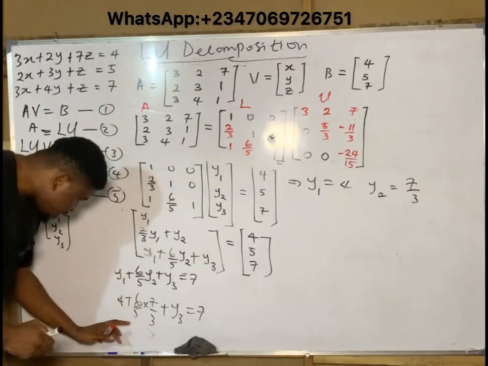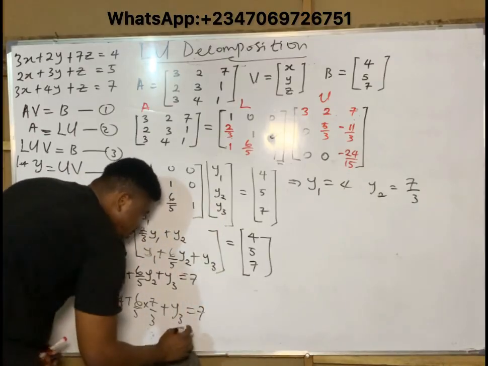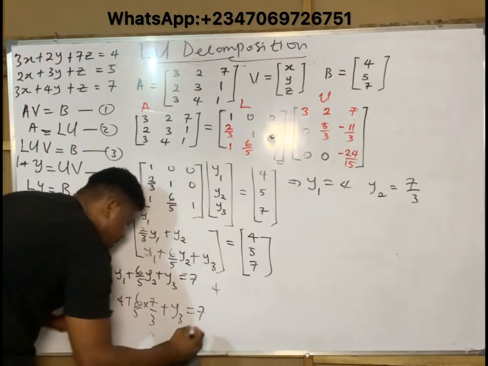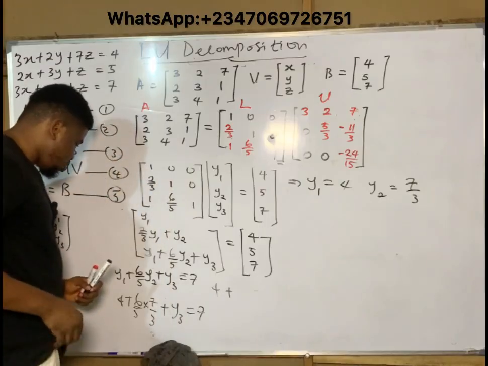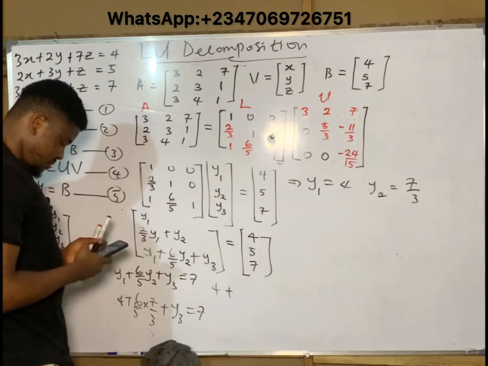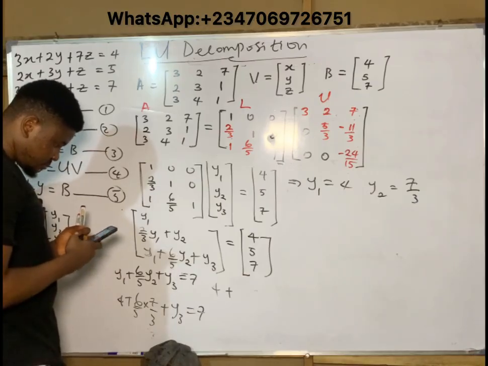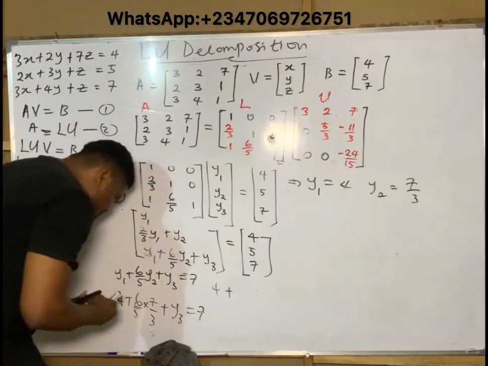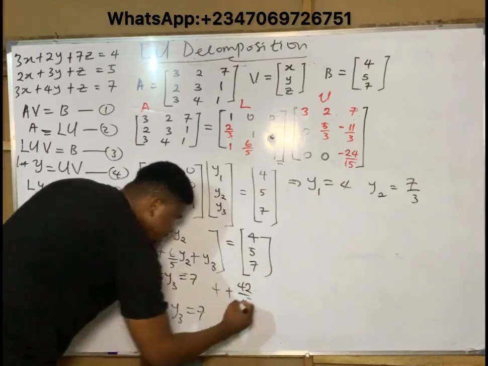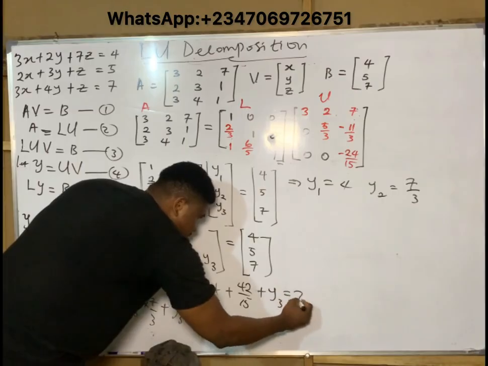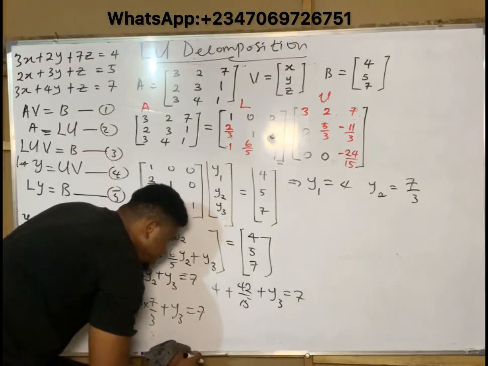So this is going to be 4 plus 6 times 7 over 5 times 3. 6 times 7 should be 42. Let's confirm. 6 times 7, that's 42 all over 15, plus y3 equals 7. The LCM between 4 and 42 over 15 is 15.